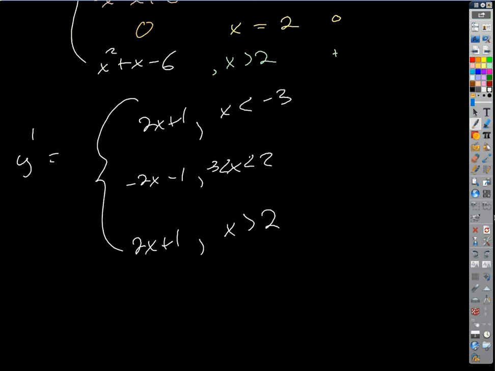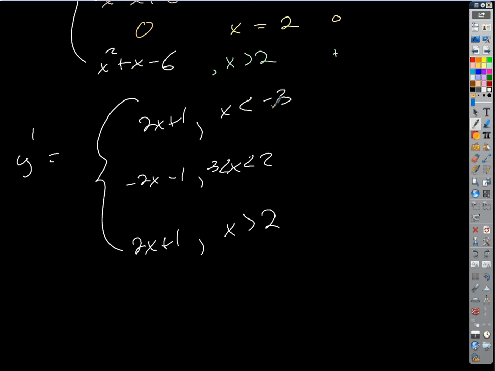A limit of what? Of the derivative, exactly. We're going to take the limit of the derivative as we approach negative 3 from the right and the left, and we'll see if we get the same value, because that's what's going to indicate if we have a sharp corner. If I take the limit of the derivative as I approach negative 3 from one side and get a different answer than from the other side, doesn't that mean sharp corner?